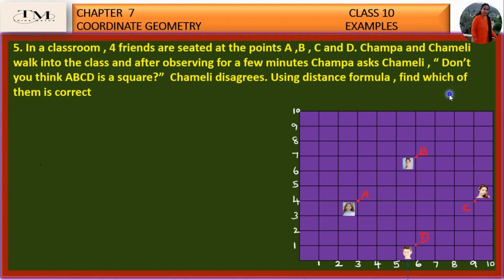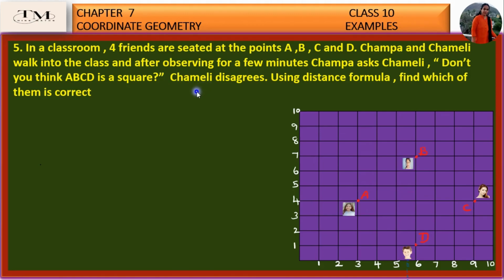So, what is given? There are four friends A, B, C, D. Another two friends, Champa and Chameli, come to the classroom and check. Champa finds that ABCD is a square. So Chameli says that it is not a square. Okay, what we have to do?